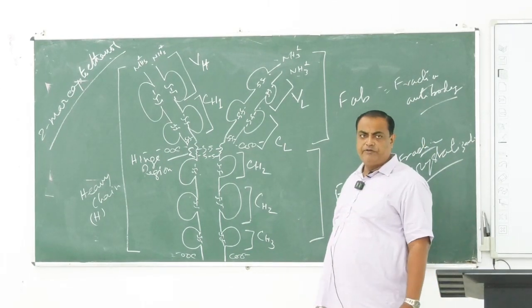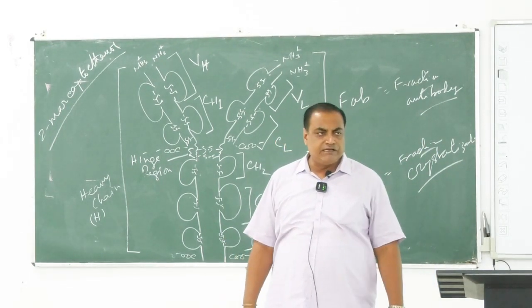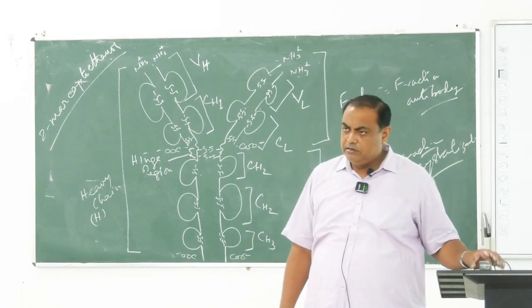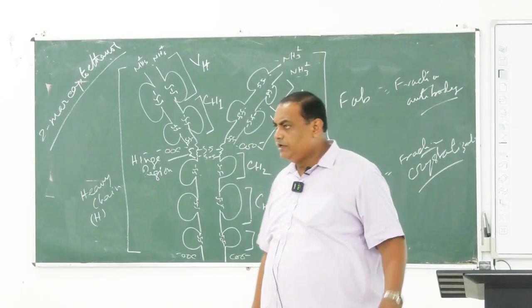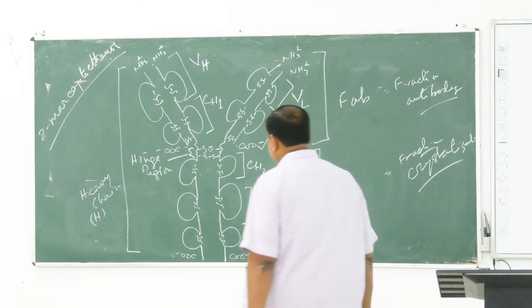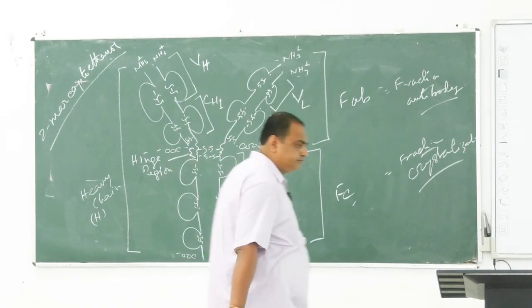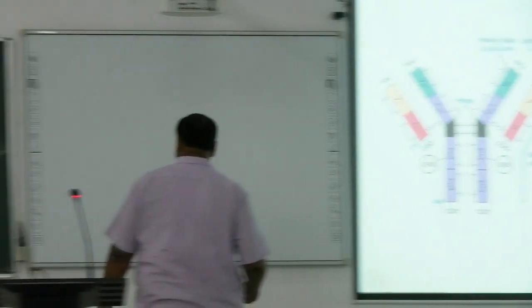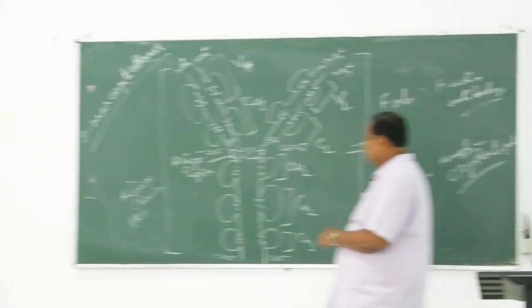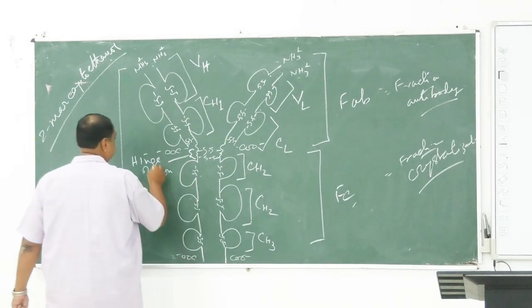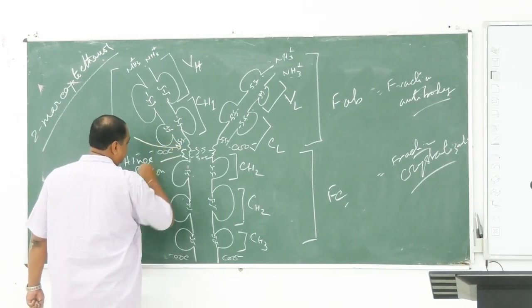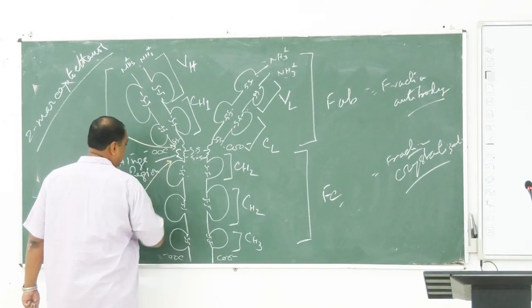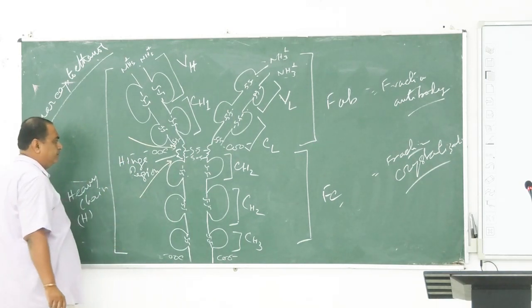Fc stands for fragment crystallizable, not constant. Okay. Can you tell me, if we break the hinge region below and above, if we break here and if we break here, then what will happen?